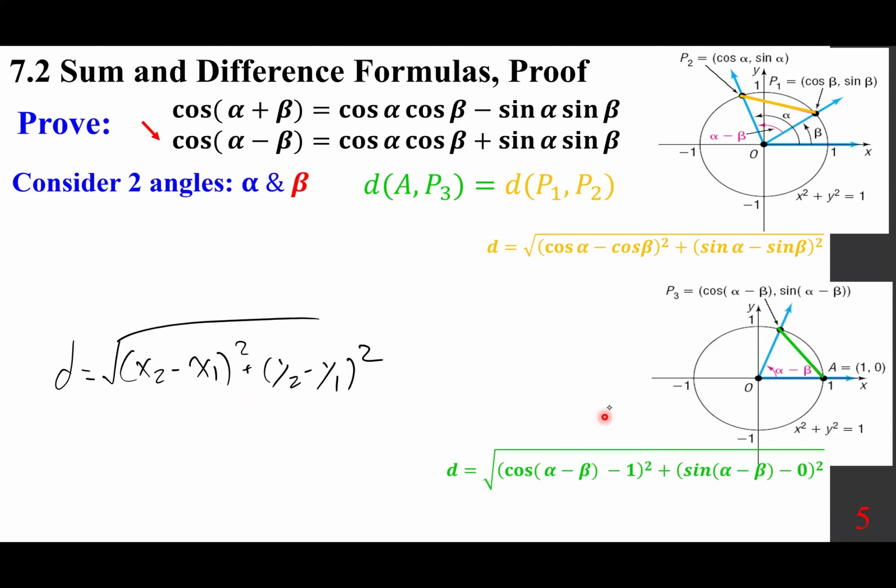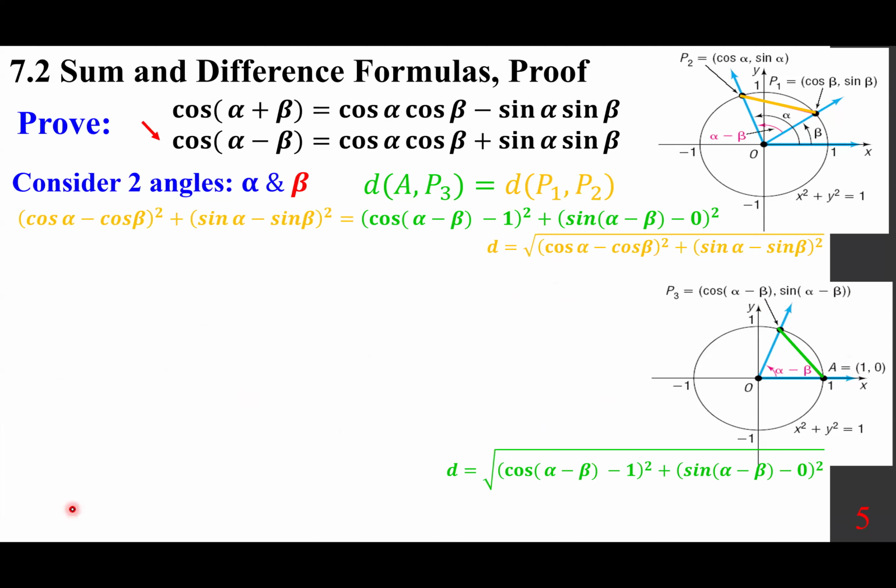So if the two are the same, we're going to square both sides because it's easier to work with. So without the square root, also they are the same. And let me erase my work so I have enough room here. So left side is equal to the right side. Let's expand them.